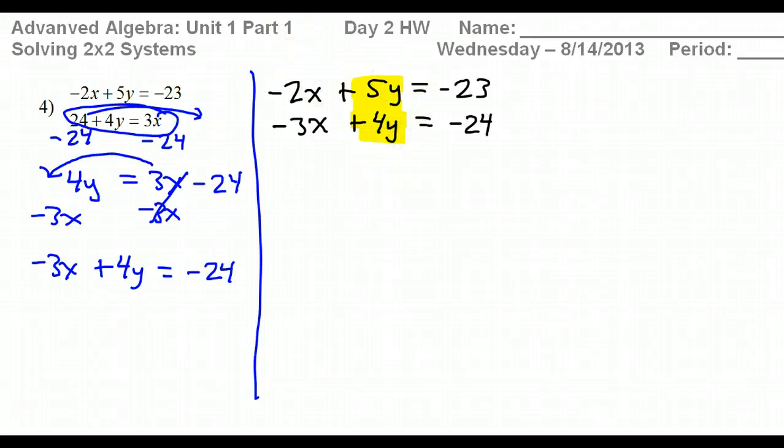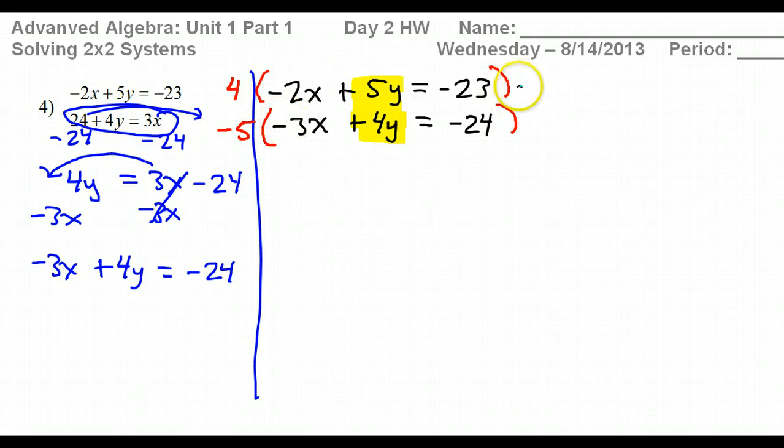So with that in mind, 4 and 5 can both be turned into 20s. I'm going to make one positive and one negative. So I'm going to multiply the top equation by 4, and I'm going to multiply the bottom equation by negative 5.